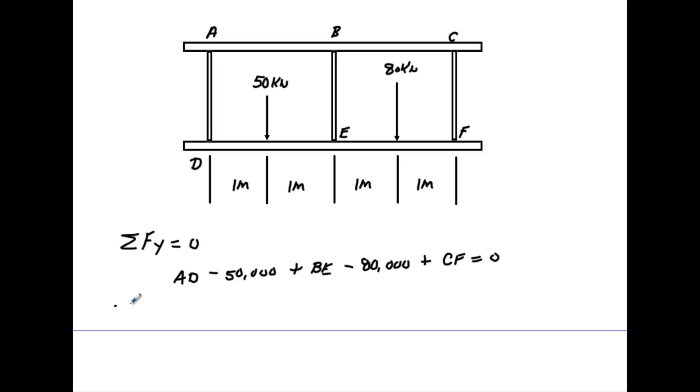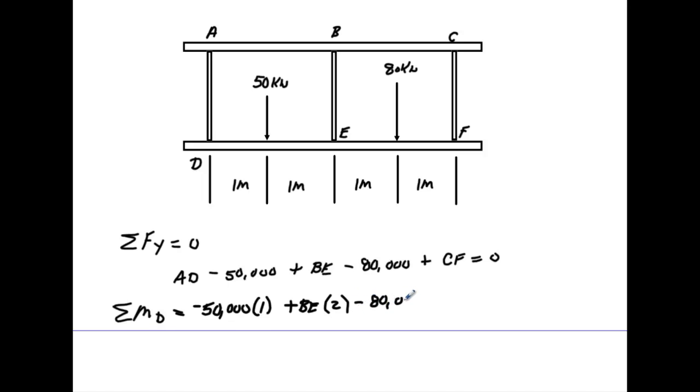We could also take a moment around any of these points, but we'll just pick D. If I take a moment around D, I will get minus 50,000. Anything that goes clockwise is negative. Times the moment arm is 1. Plus BE times 2.